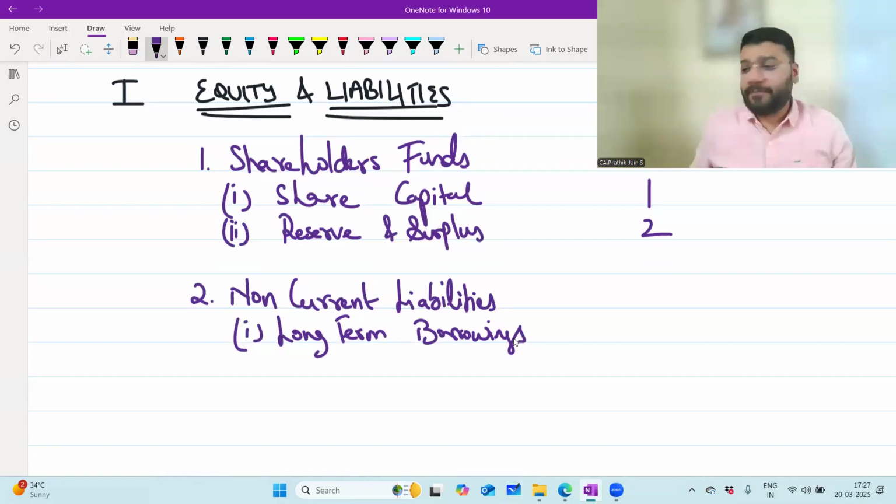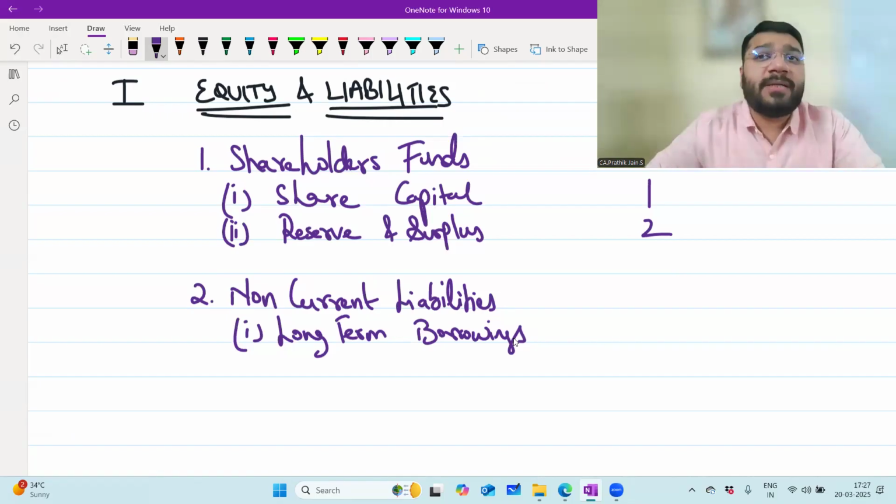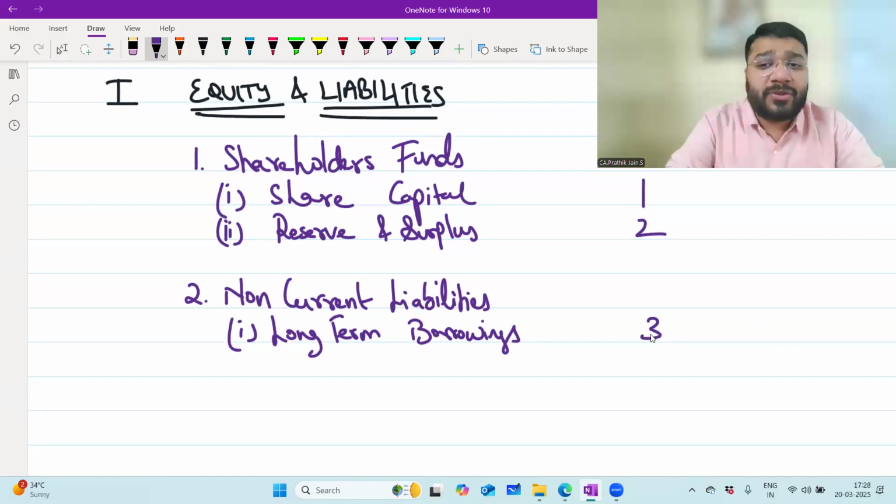Only one borrowing is there? Only one 10% debenture. So should the note be created or not? Better to create, no? What have we done in the book? Created. We'll create. Only for trade payable we have an exception.